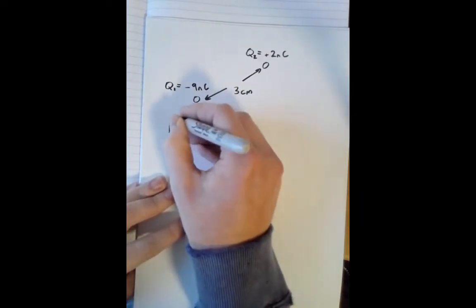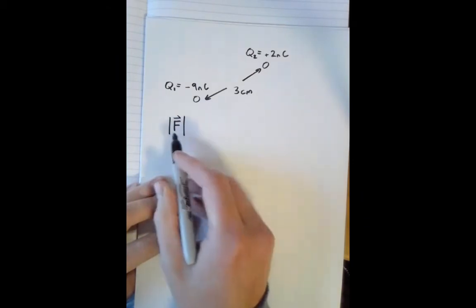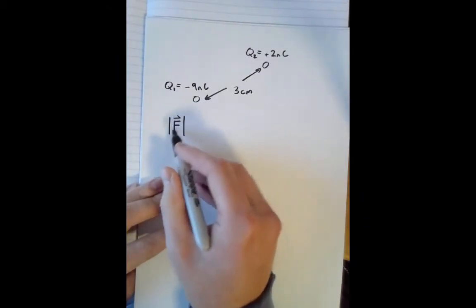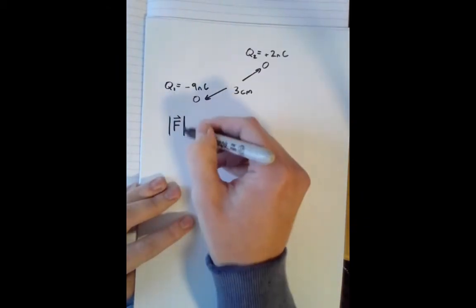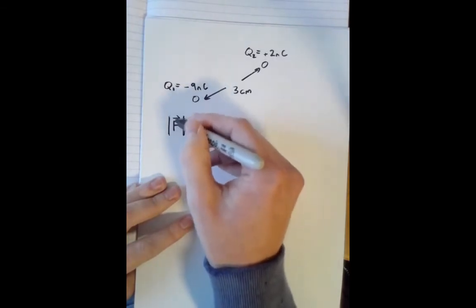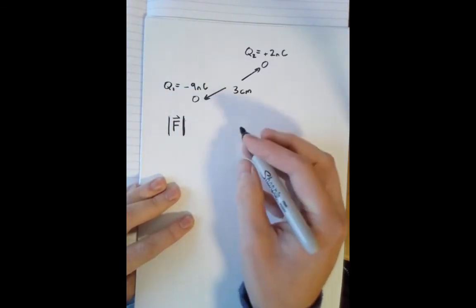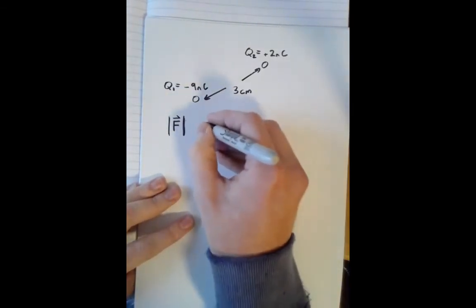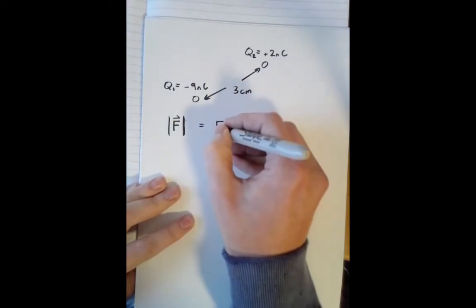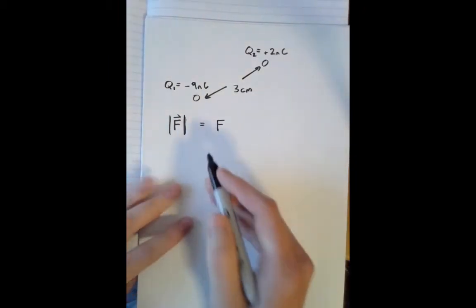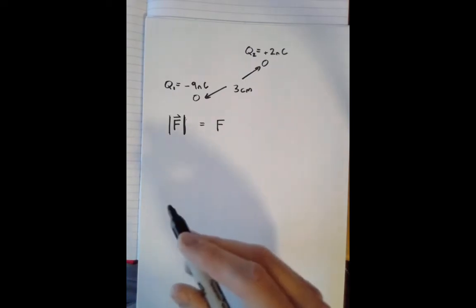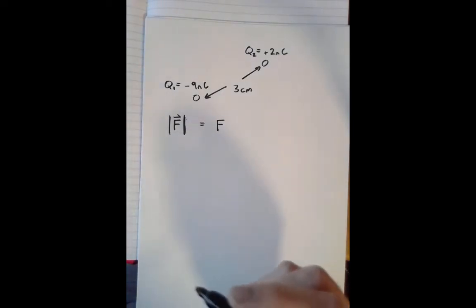So we indicate that we are focusing on the magnitude either by putting the magnitude vertical lines around the vector force, or just calling it F without the vector sign on at all. Both of these are acceptable ways of indicating that you're dealing with just the magnitude, the size of the force.